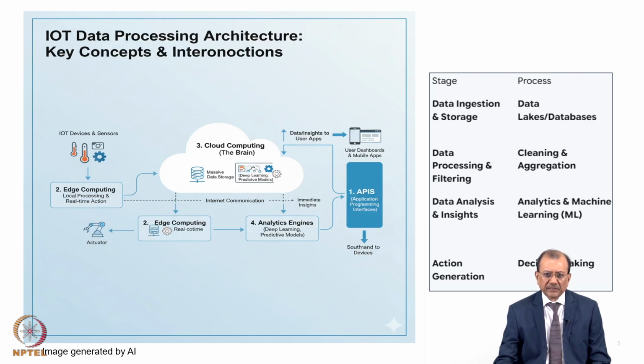As you see in this picture, cloud computing is sitting in between edge computing on one side and the analytics engines on the other side, which drive the action. Whatever the analytics engine has analyzed and the output that has come becomes an actionable item.